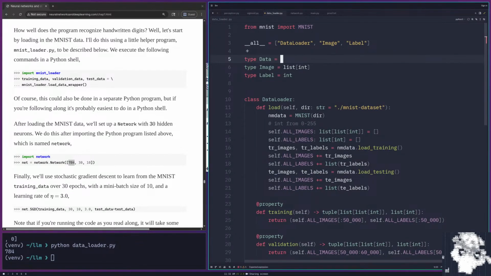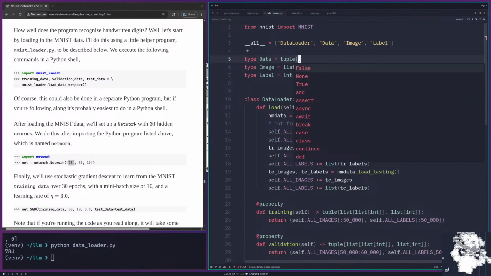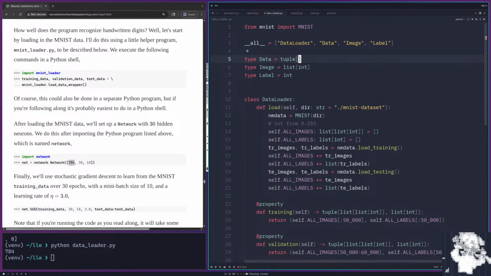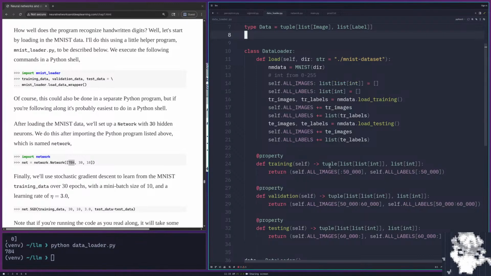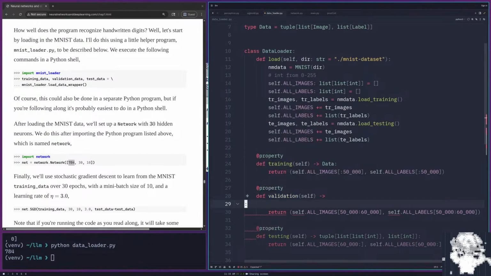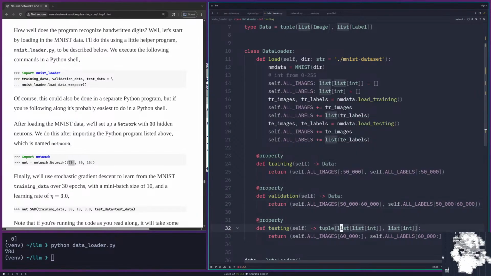So type data is going to be, and I can just add this here, data is a tuple of list of image and list of label. So training returns data, validation returns data, and testing returns data.